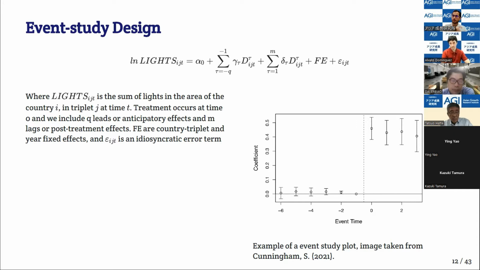Meaning that there was not a break or a structural break in the treatment group or the control group before treatment. And that will be shown in this plot by having the coefficients of this regression as not statistically different from 0 before treatment, and then statistically different from 0 after treatment.